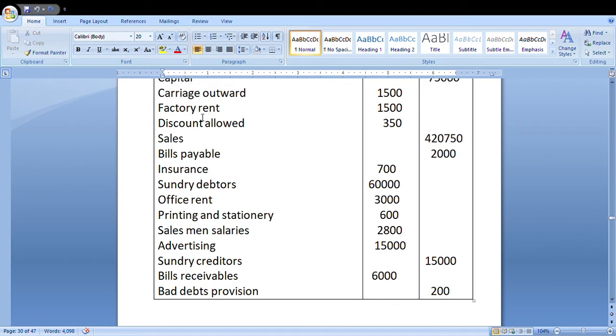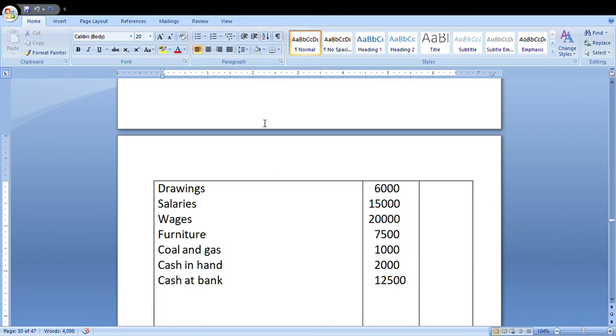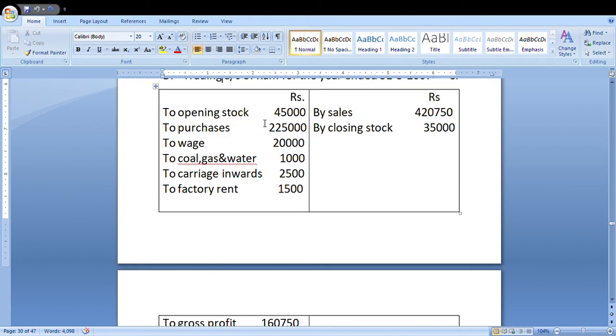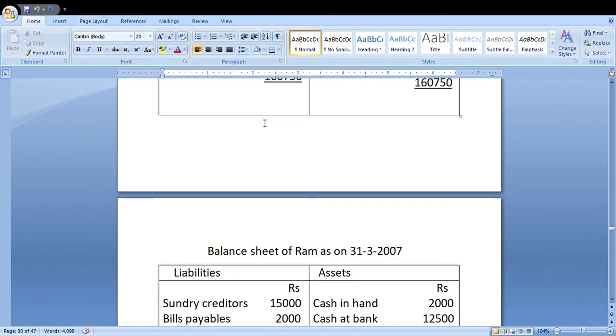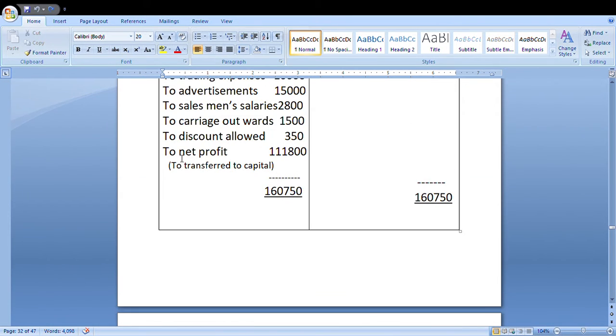Next, factory rent. This is already entered in the trading account. You do not enter it in the profit and loss account. Discount allowed. This is also expenditure. This enters the profit and loss account. Discount allowed 350.